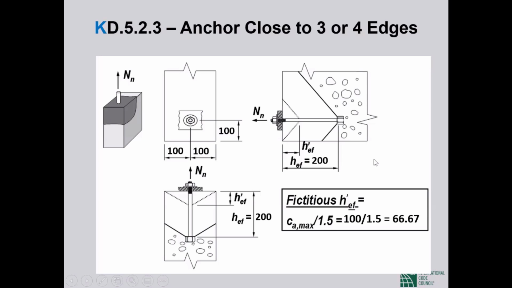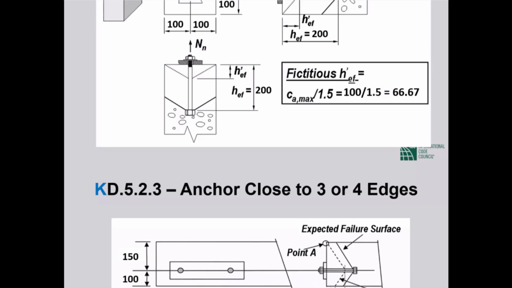That effective embedment depth is going to be the largest edge distance. We have 3 edge distances that are all equal. So the largest is 100 millimeters divided by 1.5, which is 66 2/3 of a millimeter. So instead of the effective depth we actually have of 200 millimeters, we have to do our breakout strength calculations using an effective embedment depth of 66 2/3 of a millimeter. In this case, we have a single anchor, so there is no question of spacing.